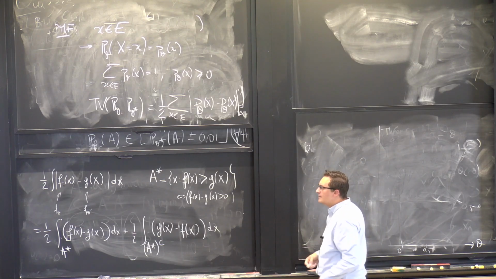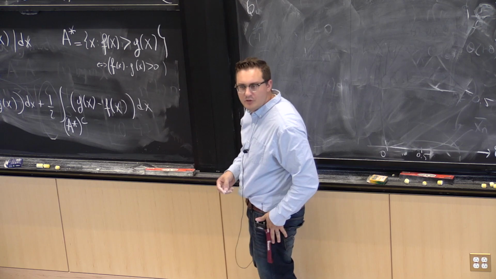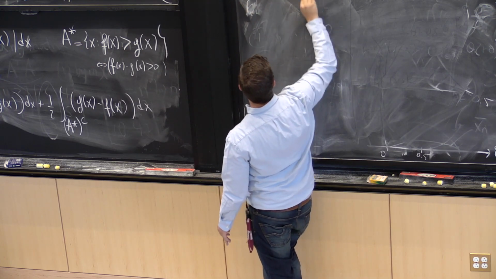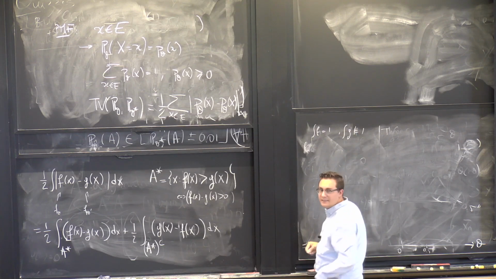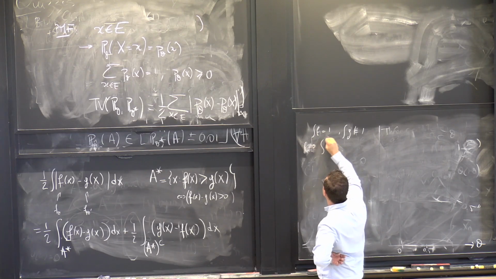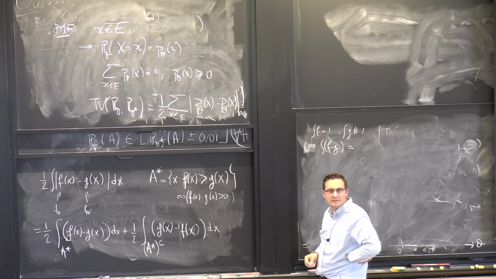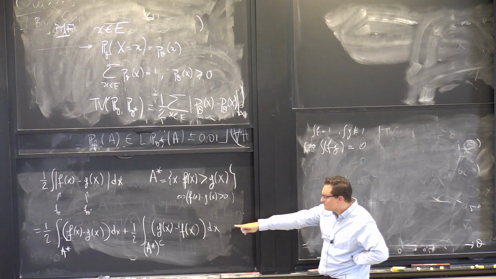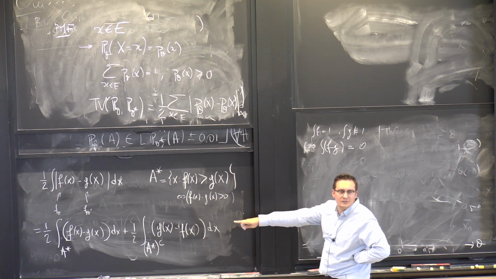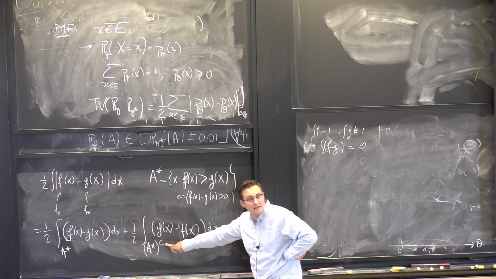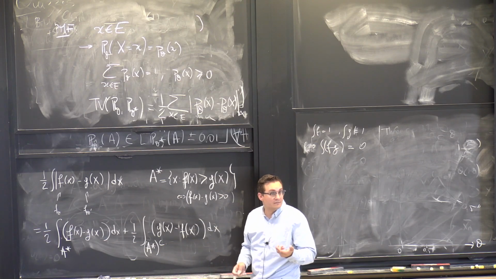OK, so now there's nice things that I know about f and g. And the two nice things is that the integral of f is equal to 1 and the integral of g is equal to 1. Right? This implies that the integral of f minus g is equal to what? 0. Okay? And so now that means that if I want to go from the integral on A star complement to the integral on A star, I just have to flip the sign.